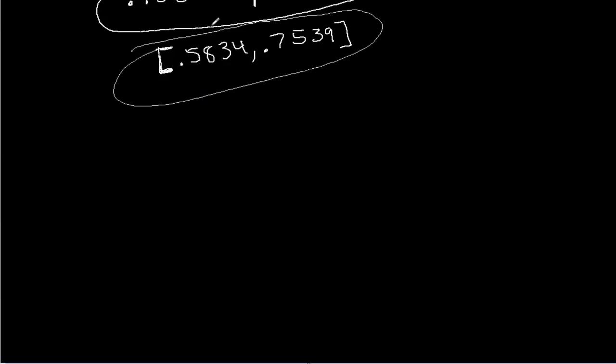That's our 95% confidence interval. The width of that interval is about 0.17, 17 absolute percentage points. Not 17% of the estimate, but a 17 percentage point range in which that confidence interval lies. That's actually a pretty wide range.